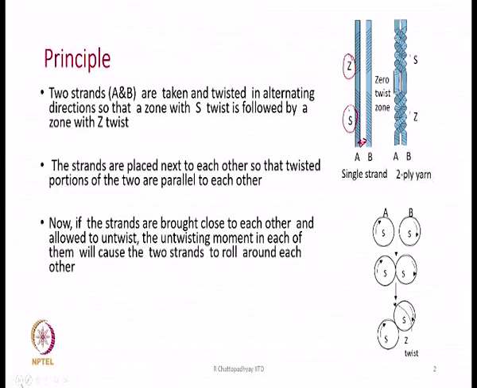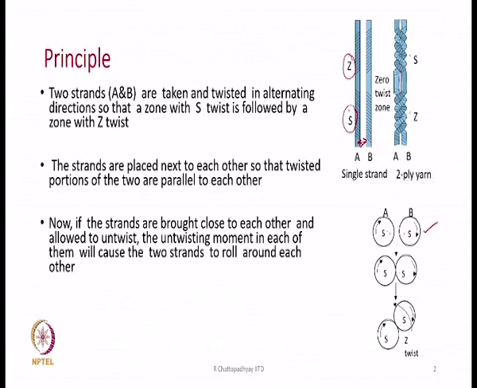Now, if we bring these two strands close to each other and create a situation so that they can untwist, in that case what is going to happen? The untwisting moment in each of them will cause the two strands to roll over each other. Like here is the cross sectional view, two strands A and B. Suppose that these two neighboring portions are having S twist, and now we bring them close to each other and allow them to untwist.